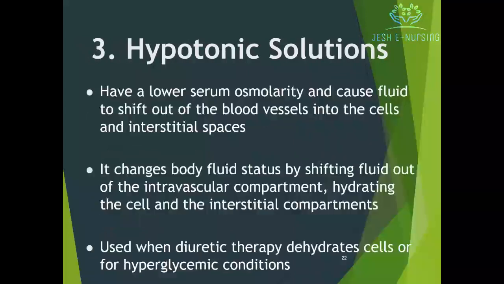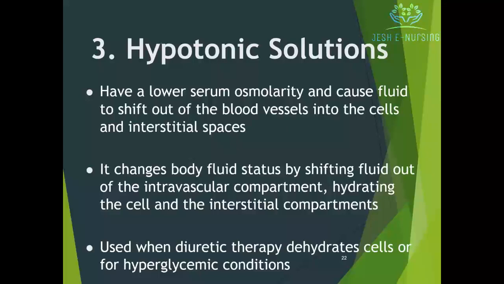Then the third type is hypotonic solutions. These have lower osmolarity than serum. They cause fluid to shift out of the blood vessels into the cells and interstitial spaces. It changes the body fluid status by shifting fluid out of the intravascular compartment, hydrating the cells and the interstitial compartments.